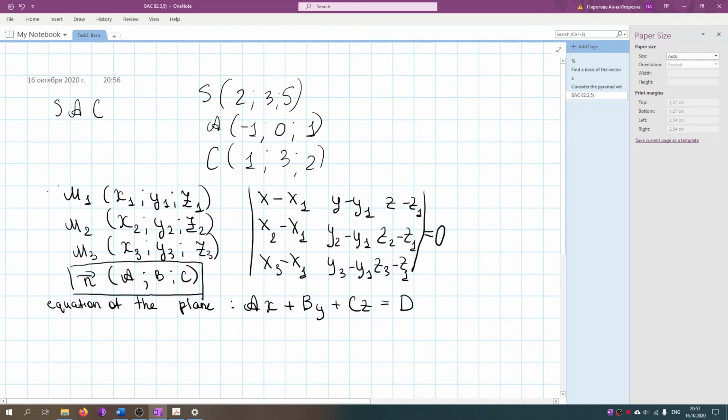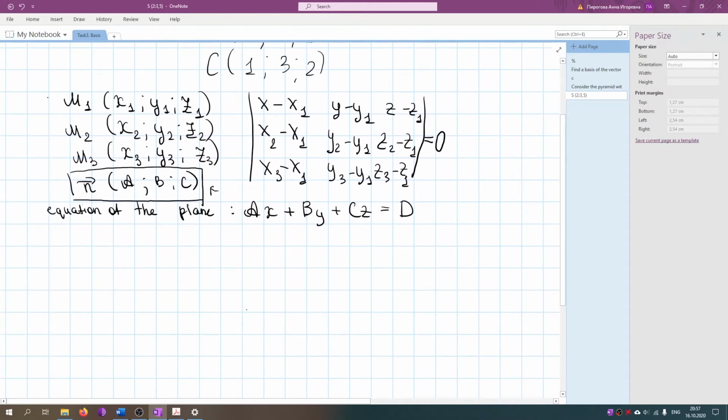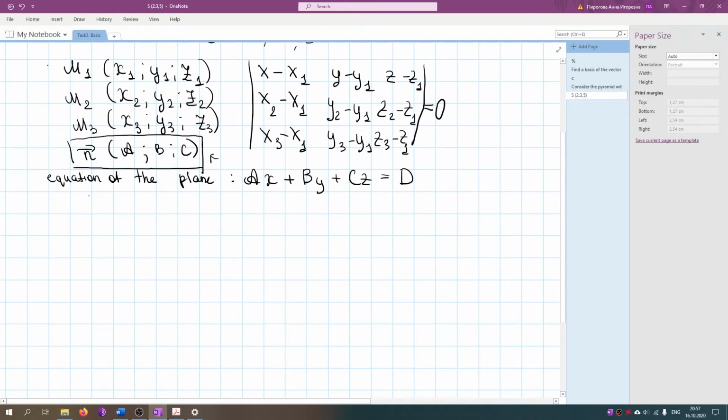So I'll again paste the formulas. And if you want, you can pause this video and try to compute the coordinates of the vector by yourself, like we did with the previous plane. And if you want to just check your answers, now we will do it.